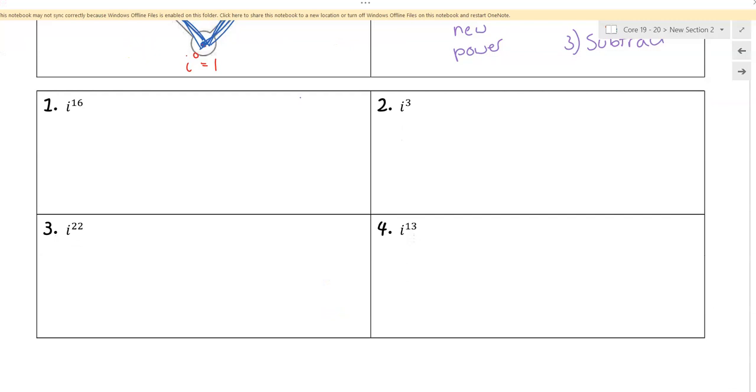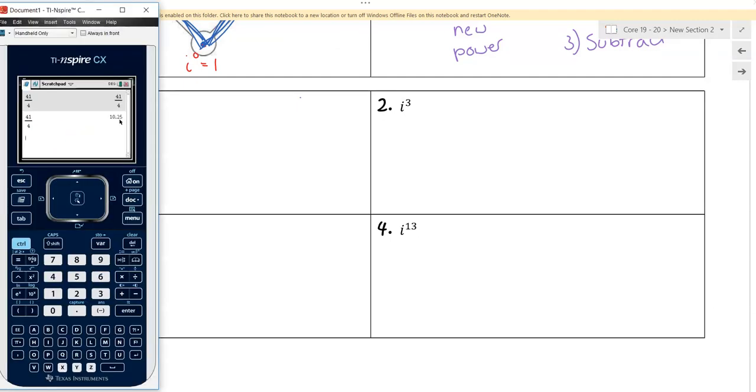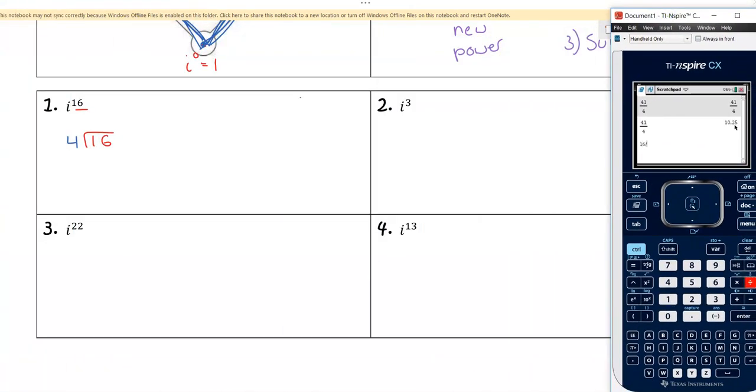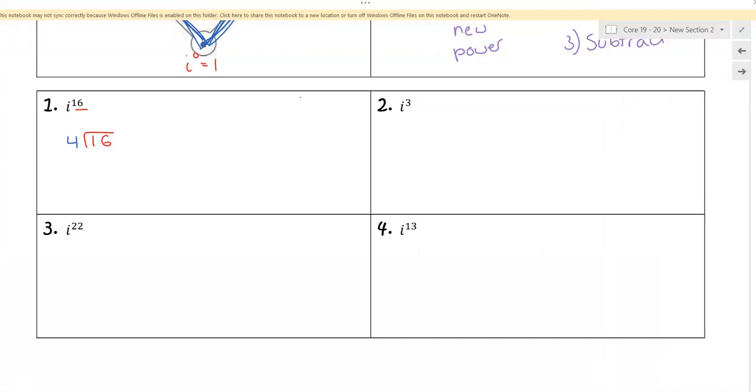So let's look at our next one. So we have 16 divided by 4. If I do 16 divided by 4, Control Enter, I do get 4.